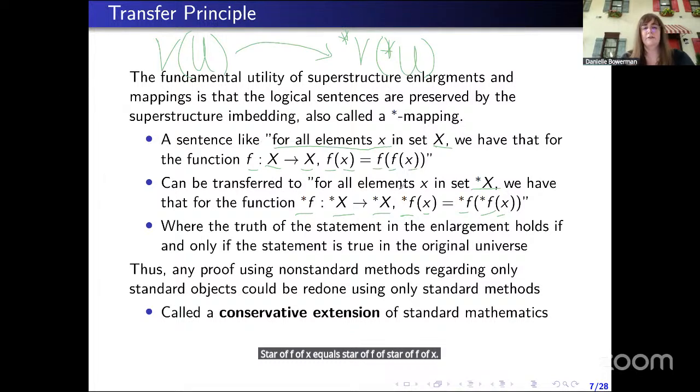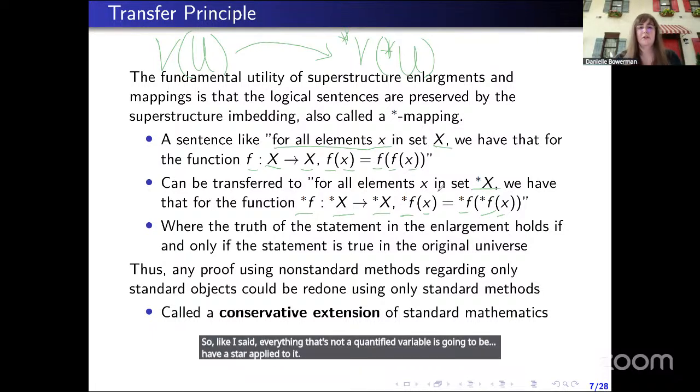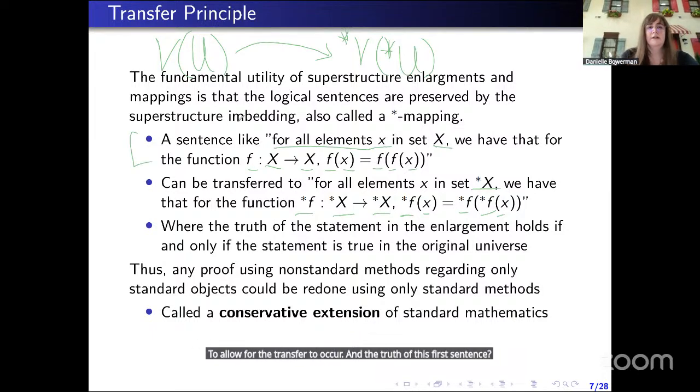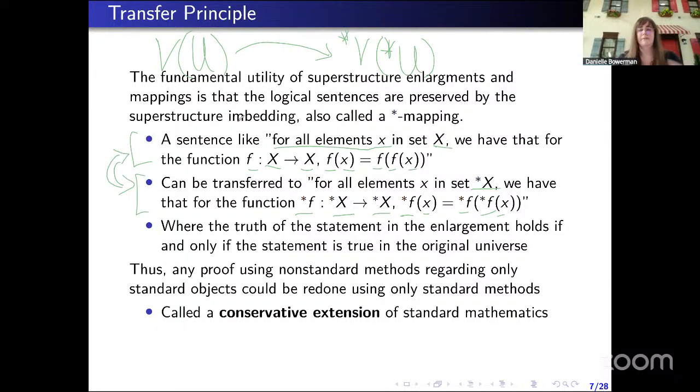So like I said, everything that's not a quantified variable is going to have a star applied to it to allow for the transfer to occur. And the truth of this first sentence is dependent entirely on the truth of this second sentence and vice versa. So it's an if and only if relationship here.